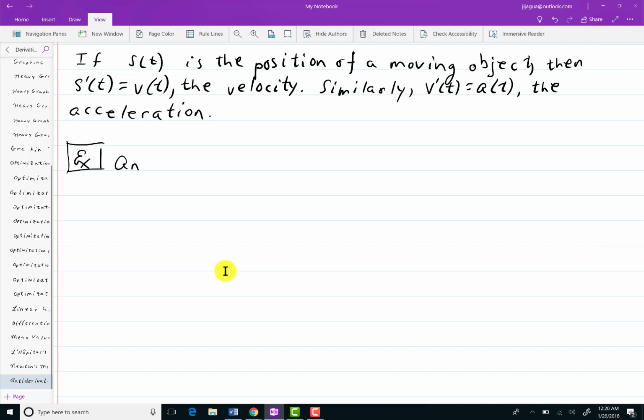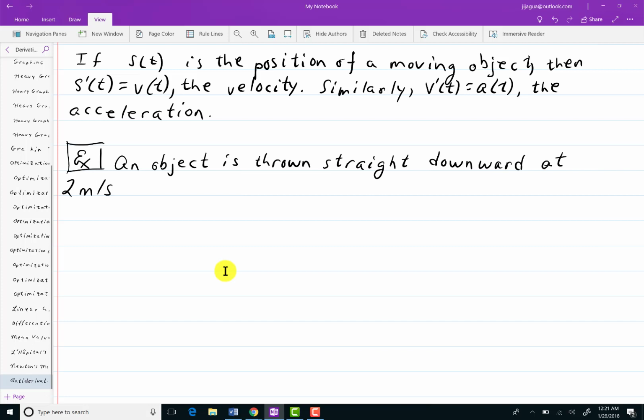So, with all of those stipulations in mind, here's an example. So suppose we throw an object straight downward at 2 meters per second. So this is straight up and down motion.